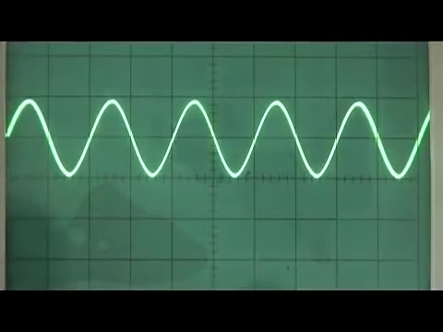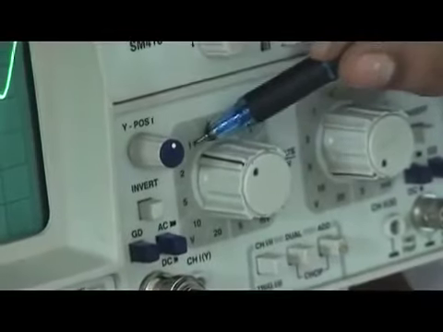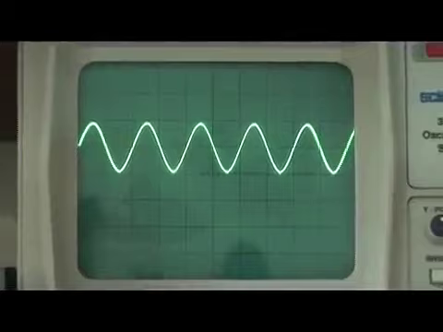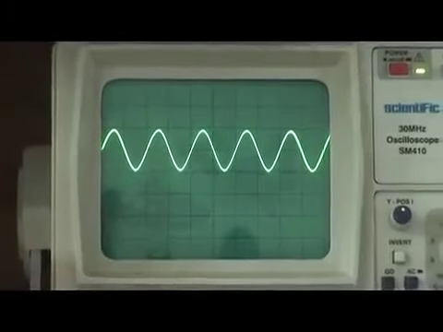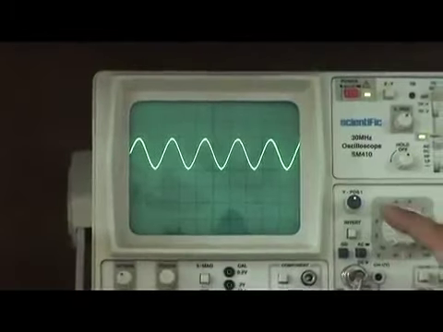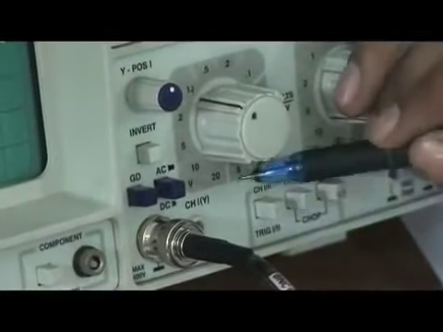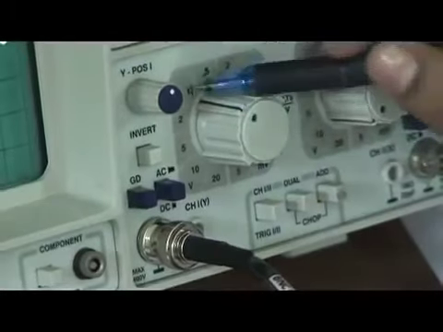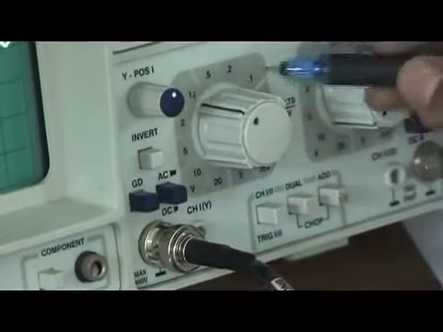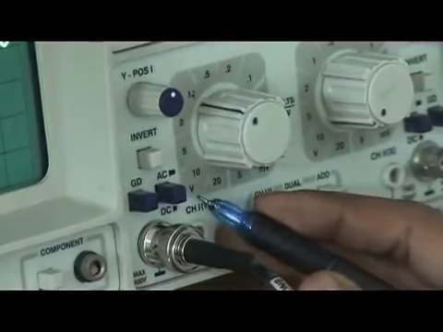That 1.9 is multiplied by where this knob lies, which is at 1. So 1.9 into 1 is how much? 1.9. And what will be the unit? The unit depends on where this range lies. From this gap till this gap, there is only one unit, called V, meaning volts.